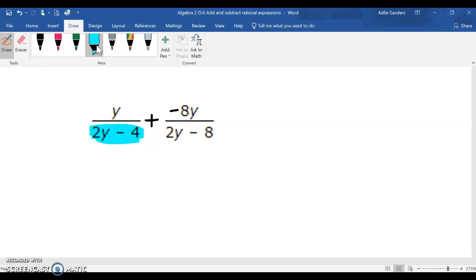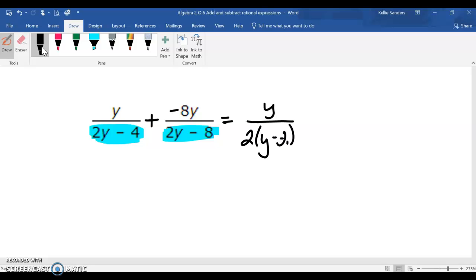But on this, I can take a 2 out. On this, I can take a 2 out. So I am going to rewrite. I'm just rewriting it and factoring out the bottom. I am not doing the problem yet. I am just setting it up.